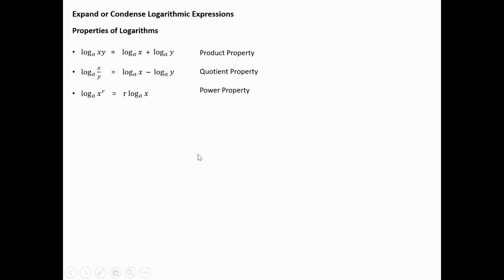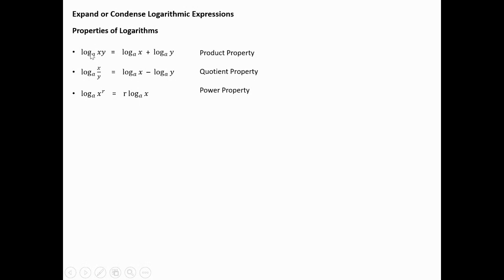Okay, now this is expanding or condensing logarithmic expressions. So we have to know some rules first, or some properties. These are the properties for logarithms. This is called the product rule, the quotient rule, and the power rule. For the product rule, this is called single log.